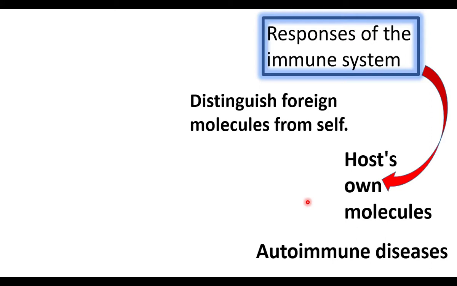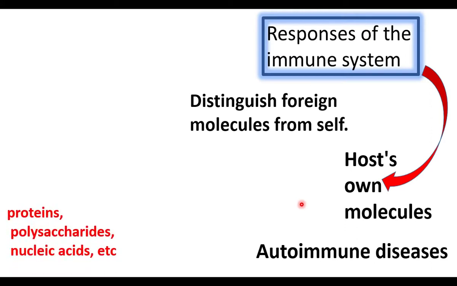Usually, the immune system shows response against foreign proteins, foreign polysaccharides, and foreign nucleic acids. These foreign substances stimulate the immune system to show the response.